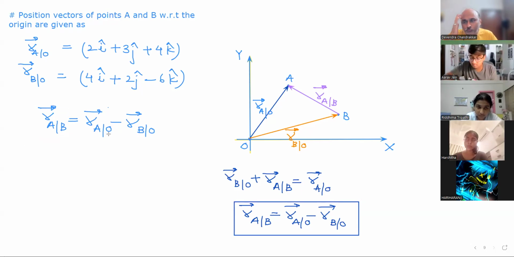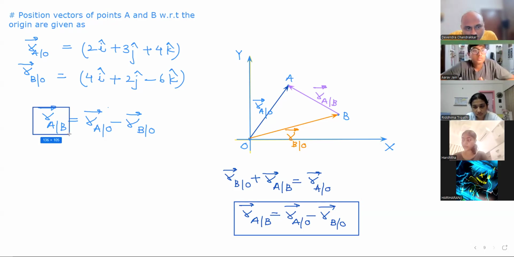Listen, listen, listening is what gets it into your head. I will give you time to write, son, why do you worry? I am here, okay? Listen carefully. Whenever we want to find position vector of one particle with respect to another particle, what we do is we subtract the position vector of the second particle from the position vector of the first particle with respect to a common reference point.